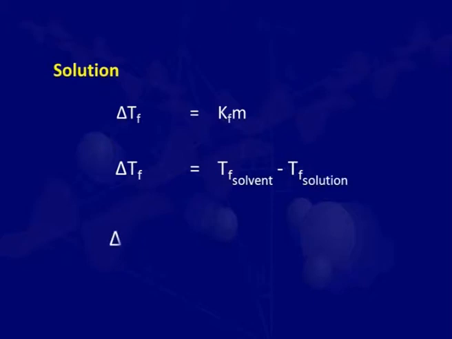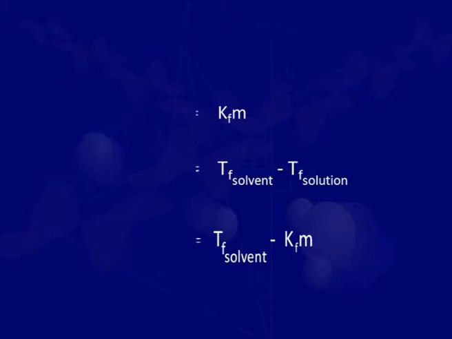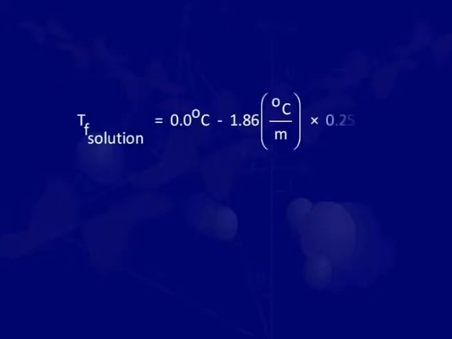Hence, Tf of solution will be equal to freezing point of solvent minus Kf into molality. Putting all these values here, we will get Tf of solution equal to minus 0.46 degrees Celsius. We have taken the freezing point of water as 0 degrees Celsius.